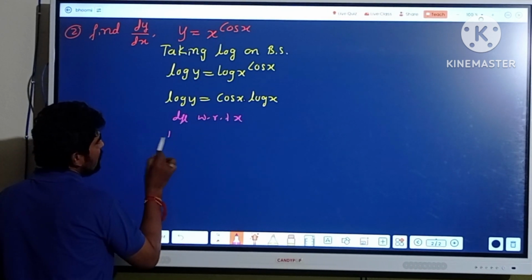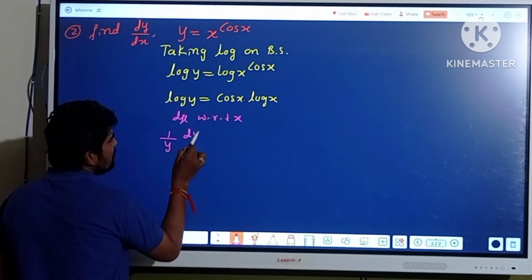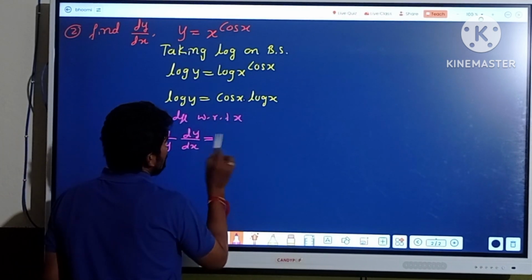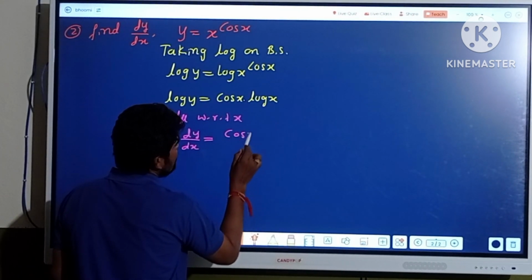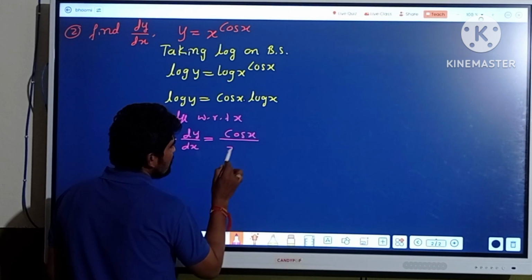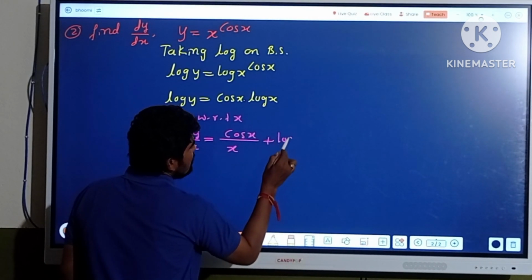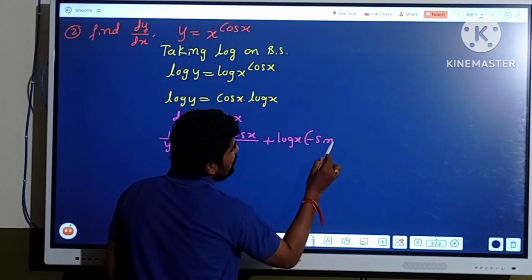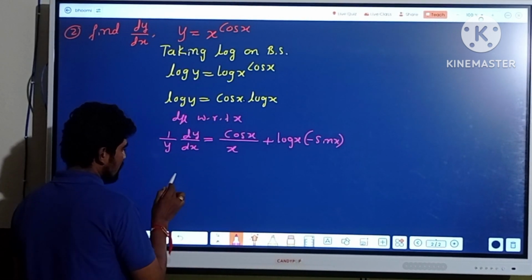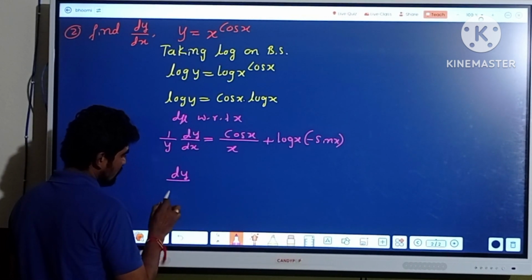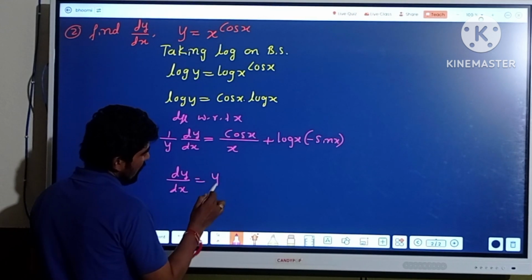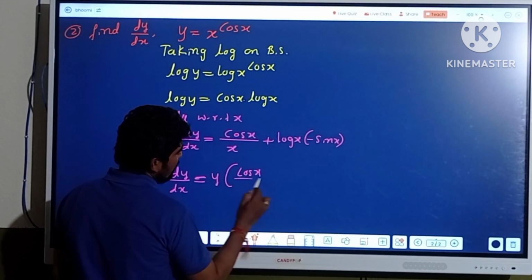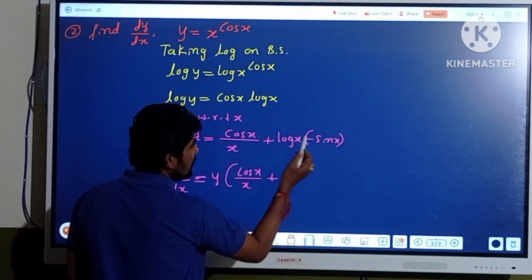The derivative of log y is 1 by y into dy by dx, which is equal to the first function cos x as it is into the derivative of log x, which is 1 by x, plus the second function log x as it is into the derivative of cos x, which is minus sin x. Therefore dy by dx is equal to y into cos x divided by x plus into minus.